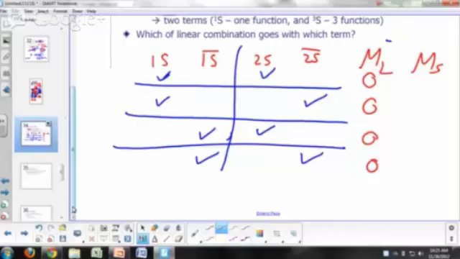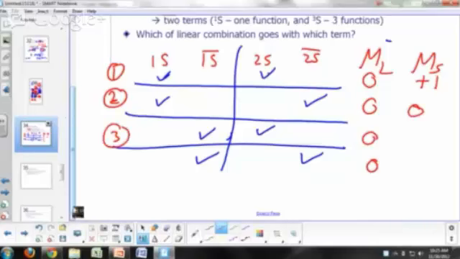For the first one, spin up, spin up, m sub s is +1. For the second Slater determinant, spin up, spin down, m sub s is 0. For the third one, spin down, spin up, so this is 0. And then for the fourth one, they're both spin down, -1.